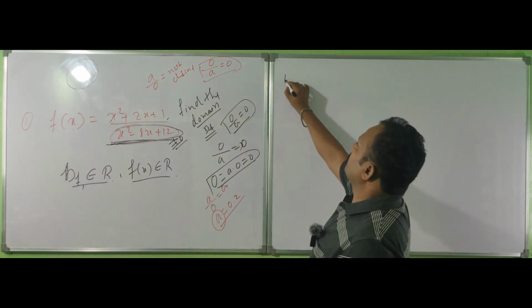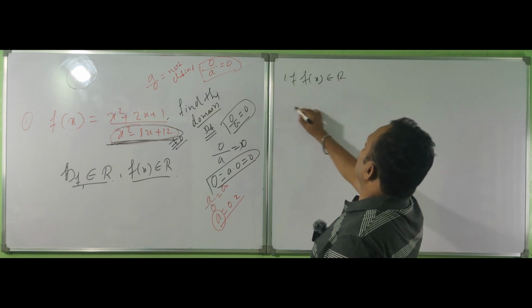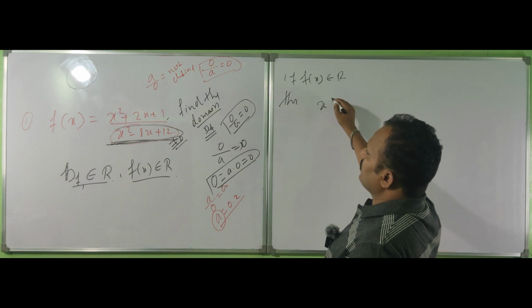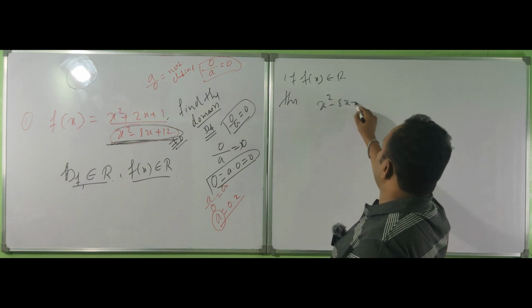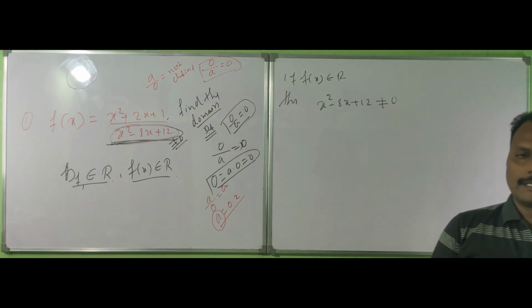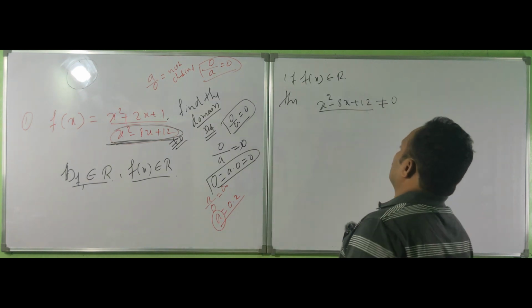Means if f of x belongs to R, then x square minus 8x plus 12 is not equal to 0. This is the initial condition. So, just solve it.